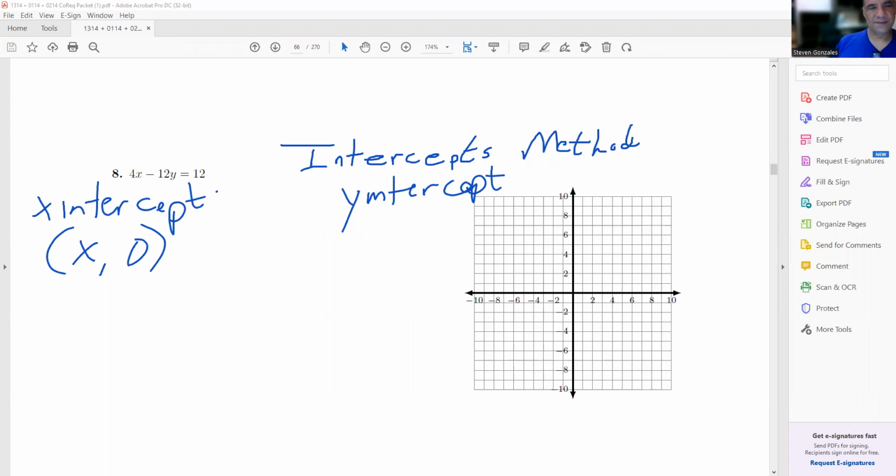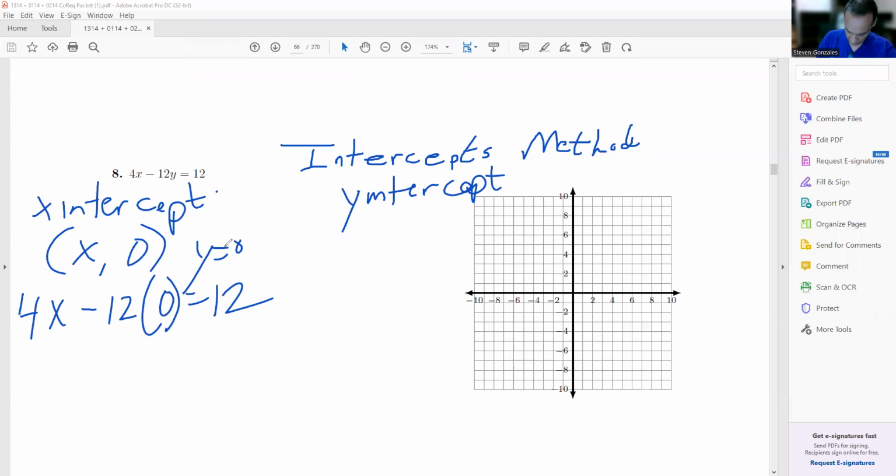So if you want to get the x-intercept, make sure you understand that y equals 0. And if y equals 0, you could take the equation above and plug 0 in for y. Now, make sure you realize that when you plug in 0, that's going to eliminate that middle term.